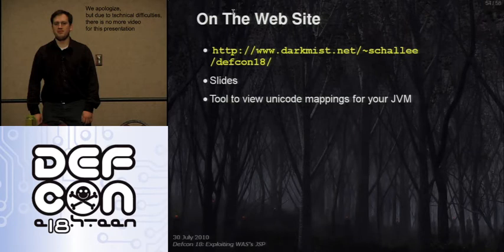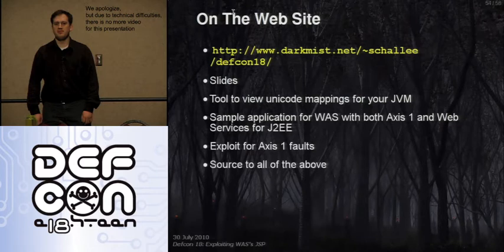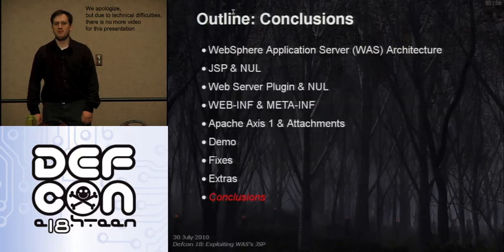It actually reveals some other issues with the IBM JVM if you're interested. There's also a sample application with nice URLs to try this on your own. Obviously, you'll need to download the trial if you don't have WAS yourself. There's also an exploit for the access faults that I showed you, with the source code for all of the above. There's a lot in there, and you're more than welcome to send me an email and tell me that my code sucks. I would appreciate that, actually.